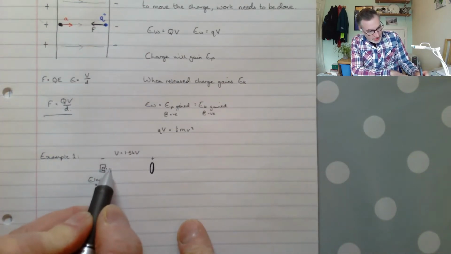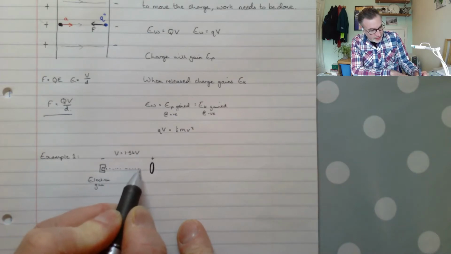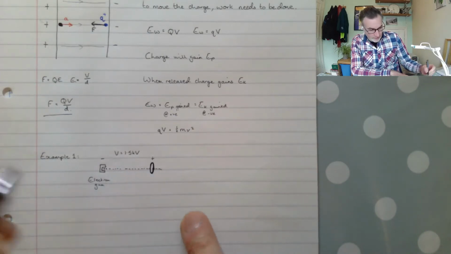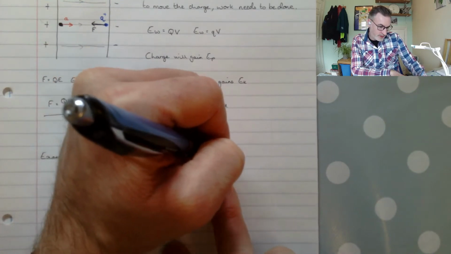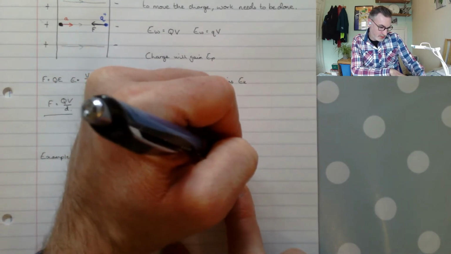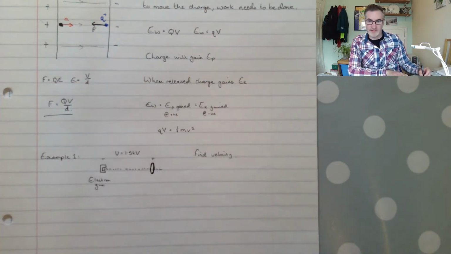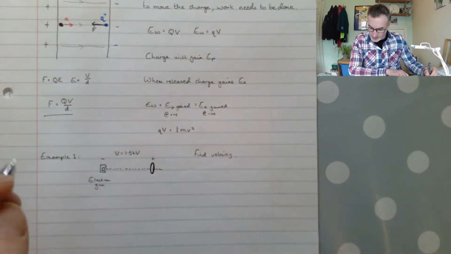So the electron is accelerated through a potential difference of 1.5 kilovolts, and we would want to find the velocity.